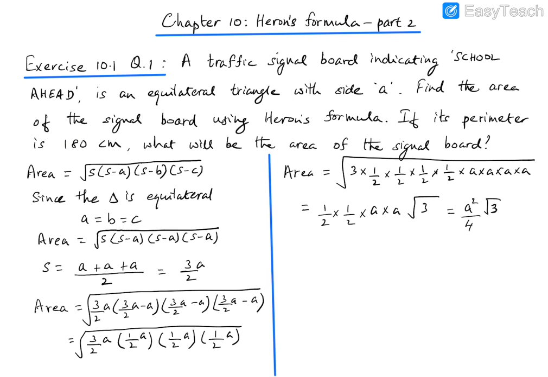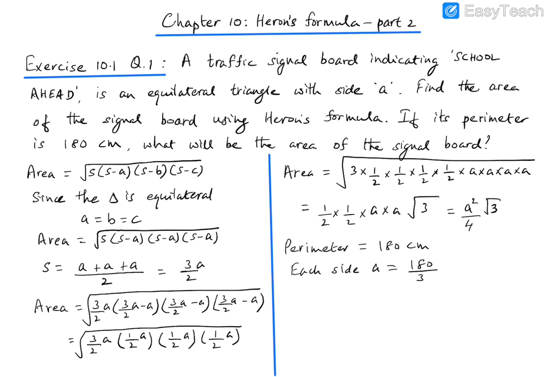Okay, so since we are given now for the second part of the question, perimeter equals 180 centimeters, not degrees, so that's 180 centimeters. So if the perimeter is 180 centimeters for the equilateral triangle, then each side, which we call a, equals 180 centimeters divided by 3, because the triangle has 3 sides and all the 3 sides have equal length.